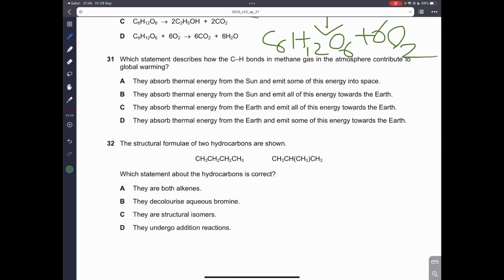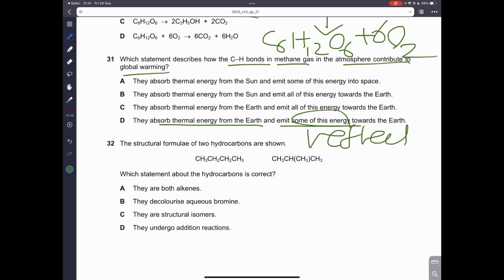Question 31. Which statement describes how the CH bonds in methane gas in the atmosphere contribute to global warming? Now CH bonds in methane gas are single covalent bonds. Now how do they contribute to global warming? Well, this is because they will absorb the thermal energy from the earth and emit some of this energy back towards the earth.